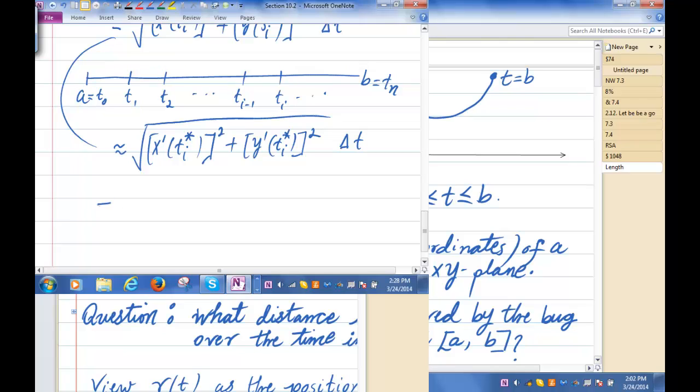So what's the sum, i going from 1 through n, of the length between pi minus 1 and pi?